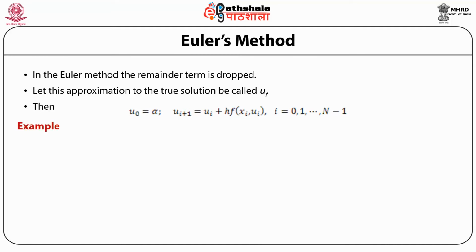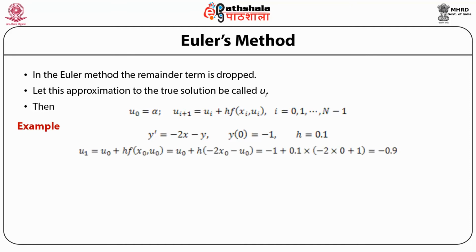So now let's take an example where y prime equals minus 2x minus y, and it is given that y at x equals 0 is equal to minus 1 and step size h is equal to 0.1. Then we can write u_1 as u_0 plus h times f of x_0, u_0, which gives u_0 plus h times (minus 2x_0 minus u_0), which gives the value minus 0.9.